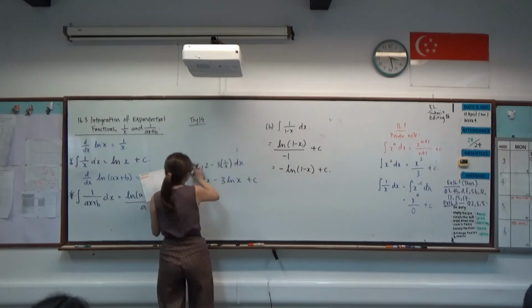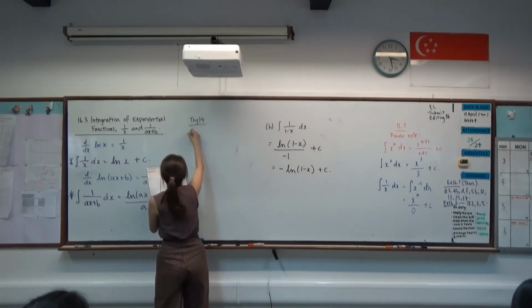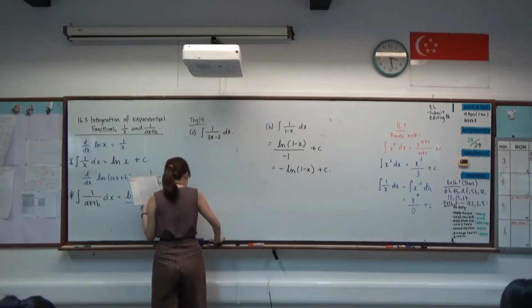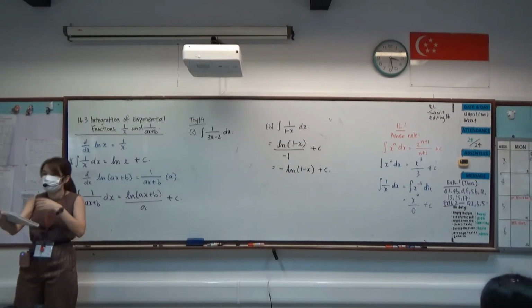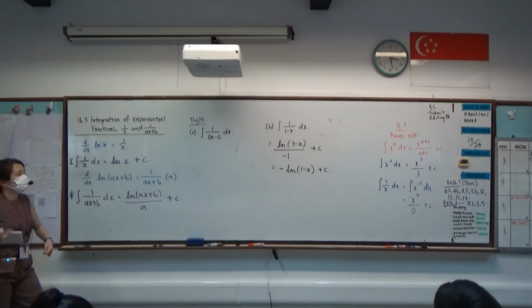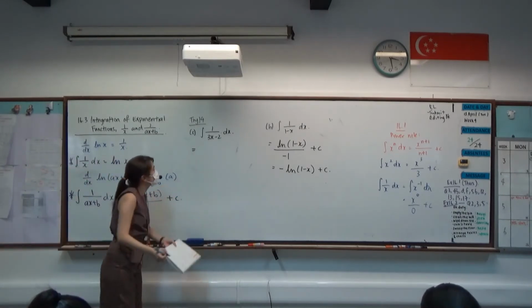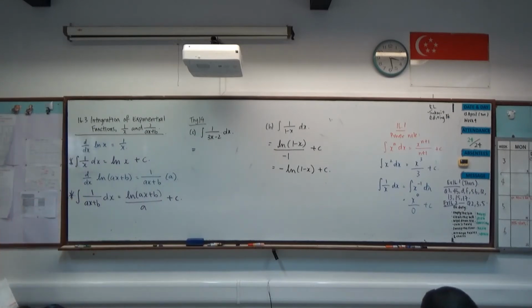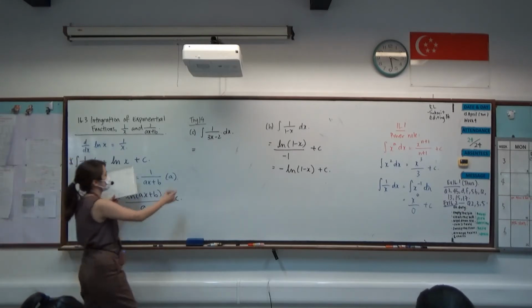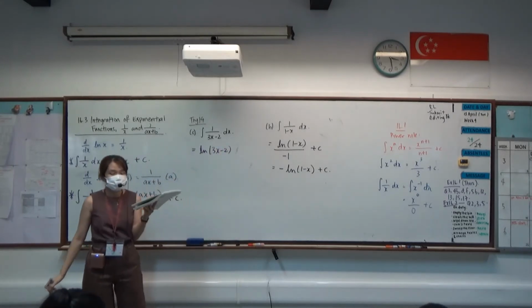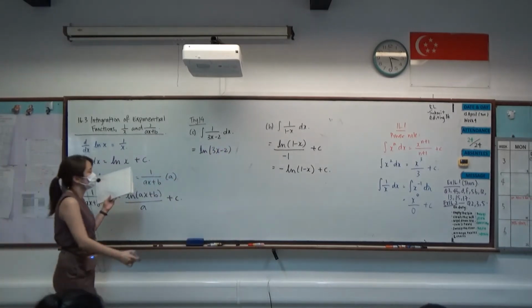Then part C. Integrating 1 over 3x minus 2. What should our answer be? Joseph, what do you get? Ln 3x minus 2 over 3.